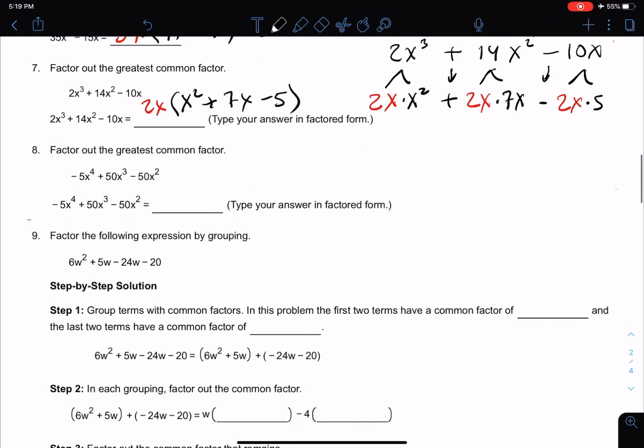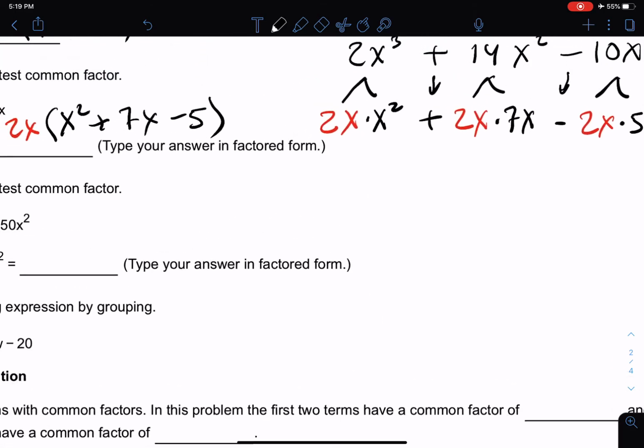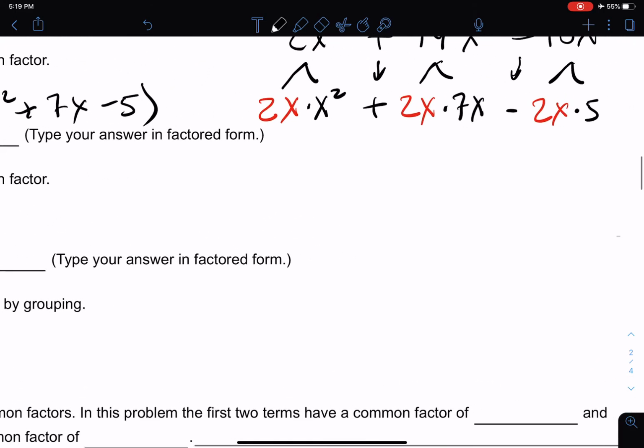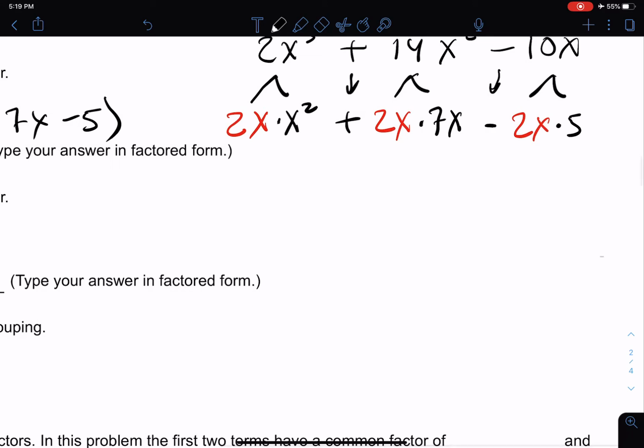Let's take a look at the next one, and we've got a negative leading coefficient, which is a little bit of a bummer because we're going on the technique that we're going to factor out the negative in that case. So what is this? This is going to be a negative 5. Let's go like this.